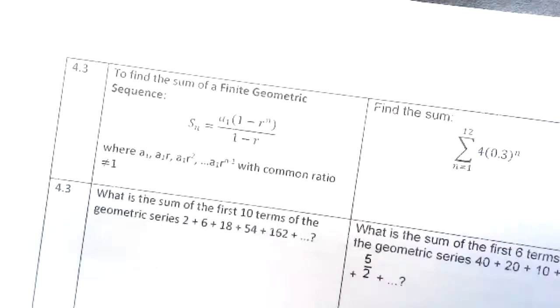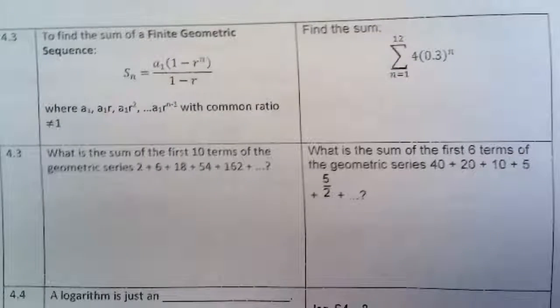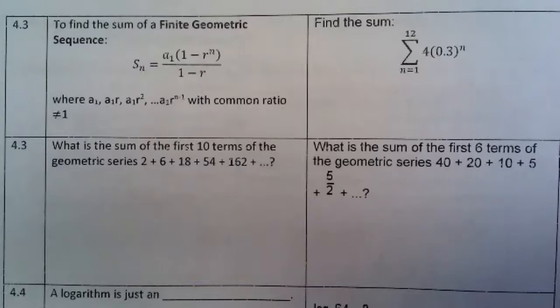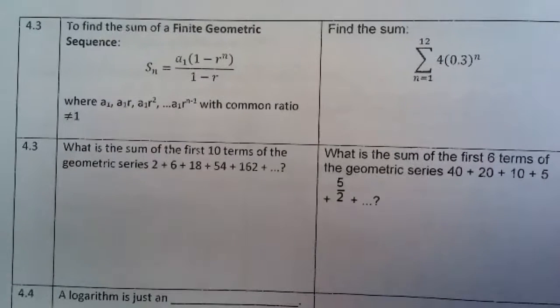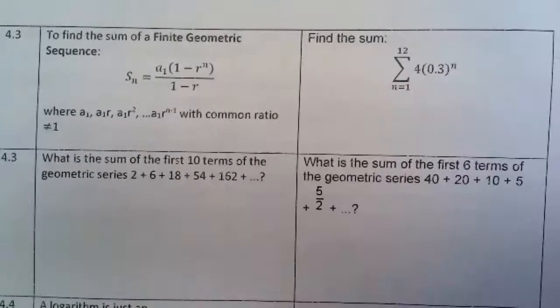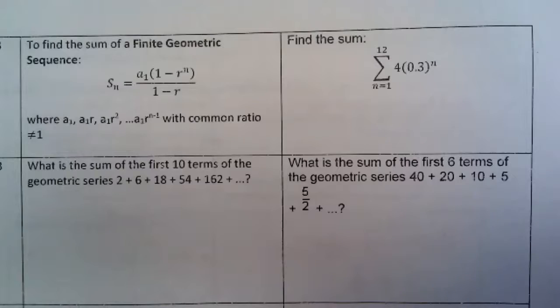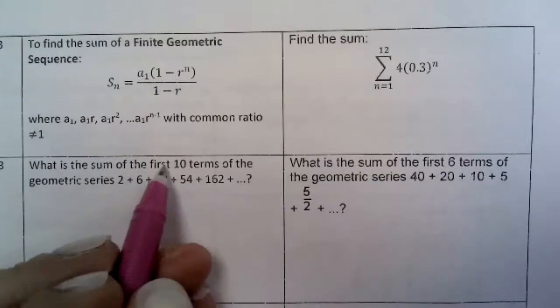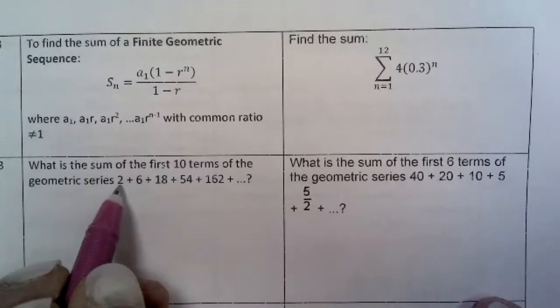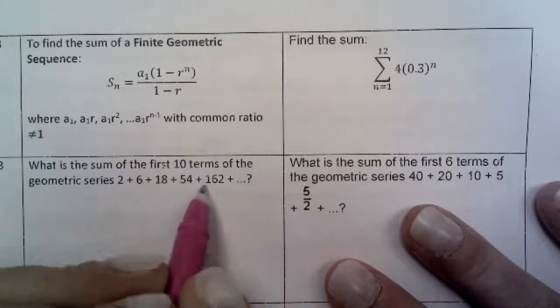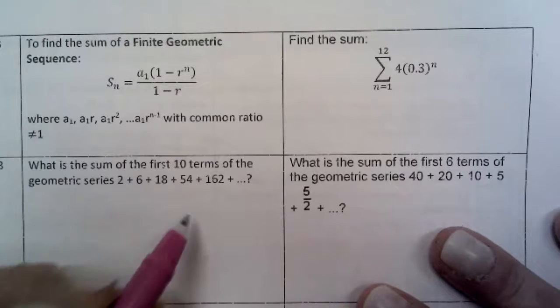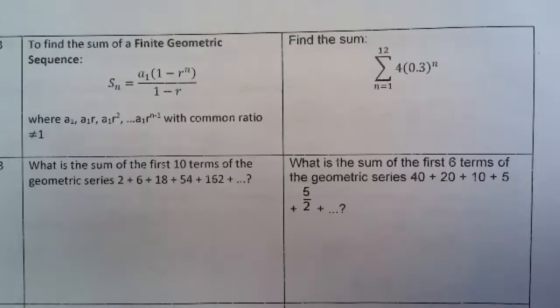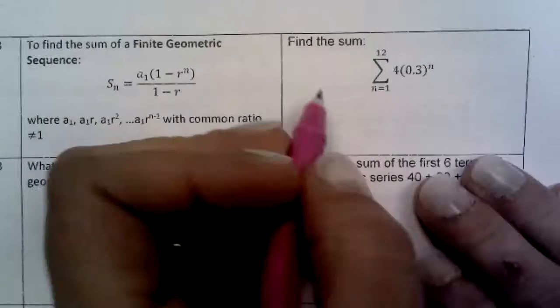Okay, the other thing that we have to talk about is how to find the sum of finite geometric sequences. Just like we were able to find the sum of arithmetic sequences, we can find the sum of geometric sequences. So like this one here says find the first 10 terms. So you would find all 10 terms and add them all together. But there's a formula to do it so that you don't have to find all the terms.